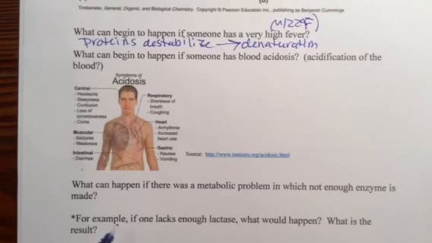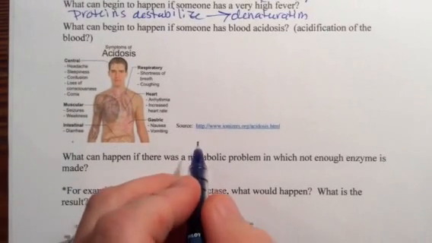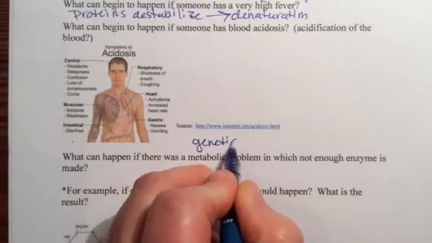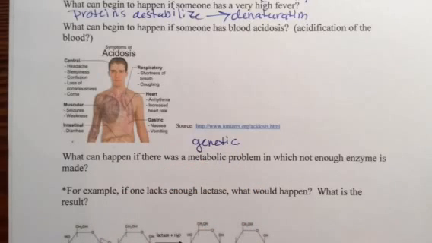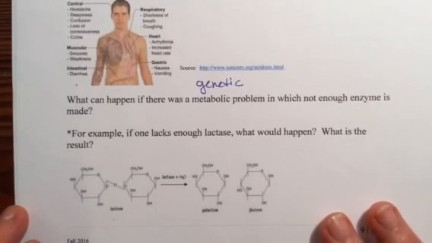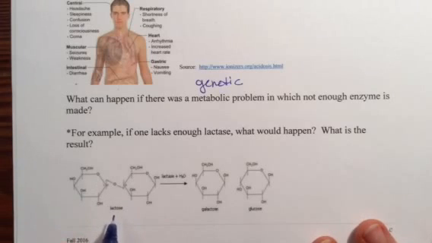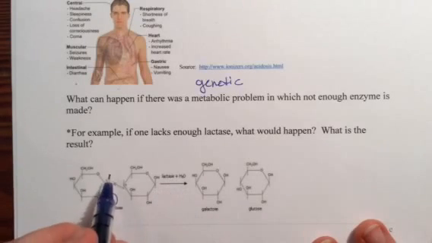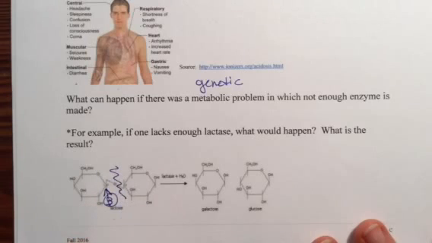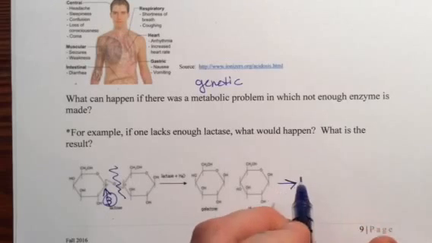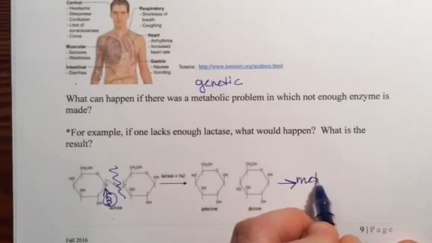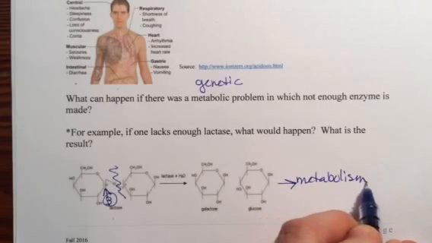All right, now, what can happen if there's a metabolic problem or some sort of genetic problem in which not enough enzyme is made? Well, remember in Unit 4 when we talked about lactose and the fact that it's got this beta bond. What we need is an enzyme, lactase, that can hydrolyze the beta bond into galactose and glucose, and then these are used in metabolism.